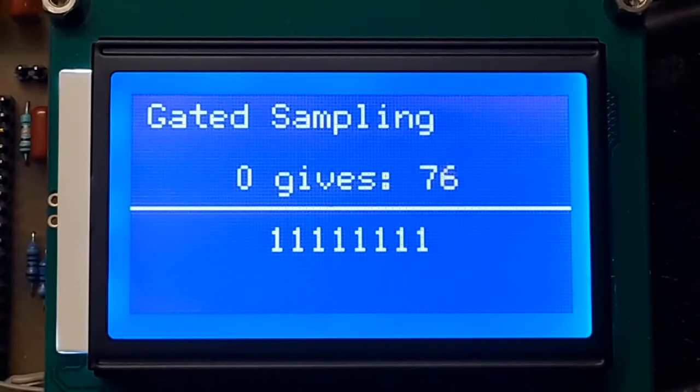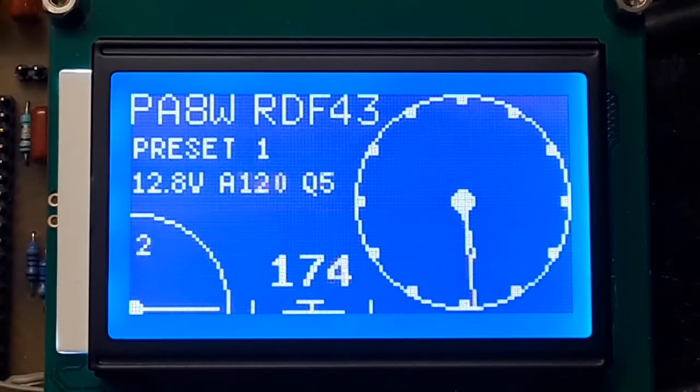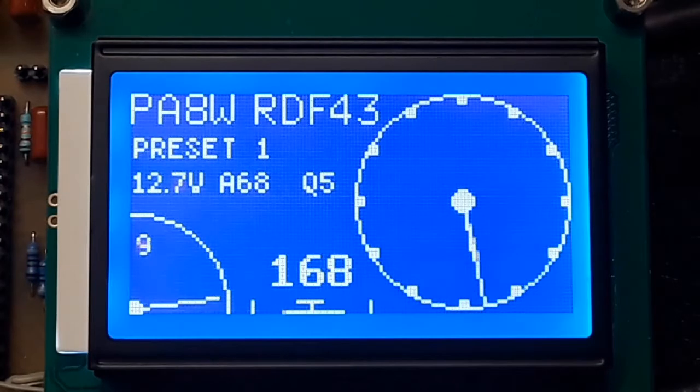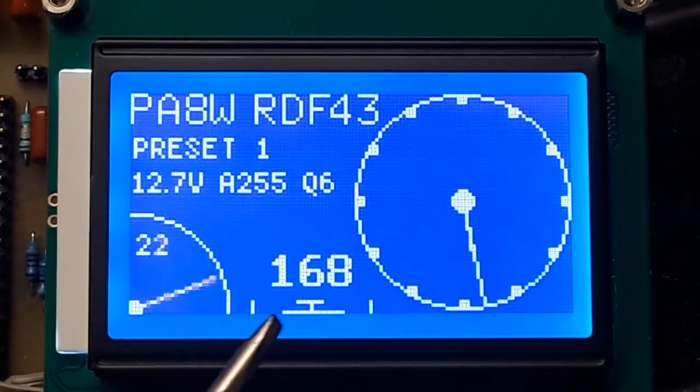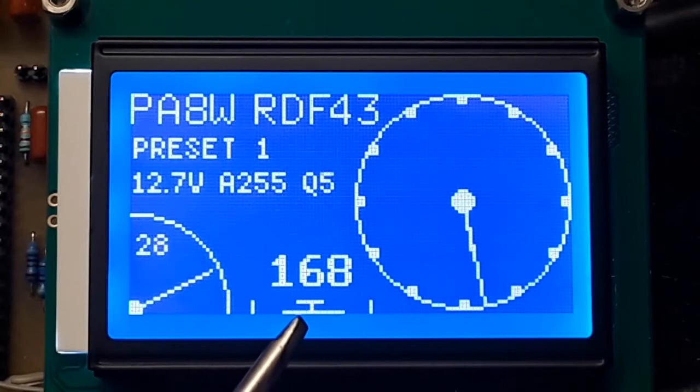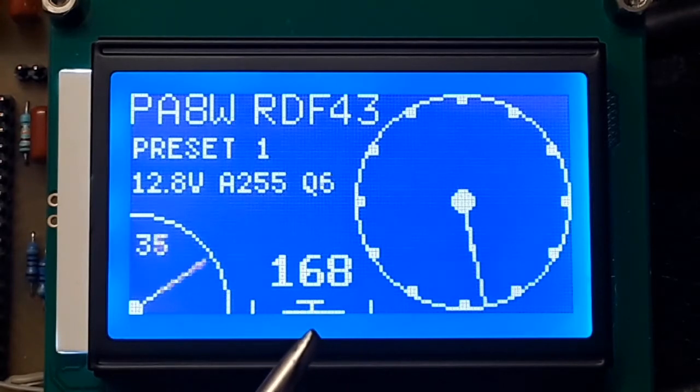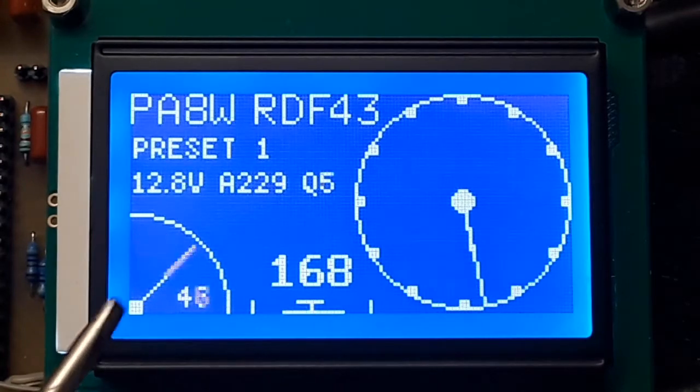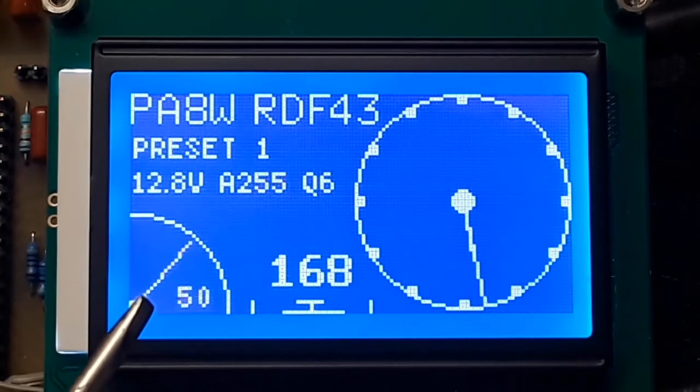Okay, so that was the full scale Doppler tone, and now we're going back to the old days in which we were sampling the full antenna cycle, and let's see what happens. Immediately you can see that the symmetry indicator suggests that we have less Doppler tone, and you can see that the elevation indicator was going upwards, indicating that again we have much less Doppler tone.